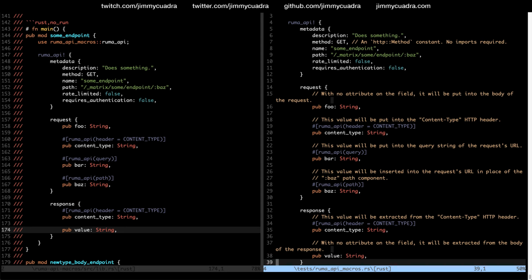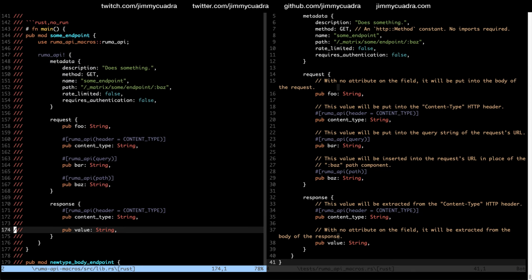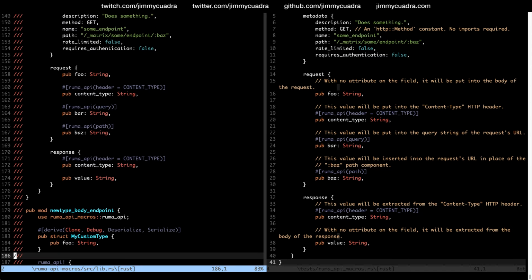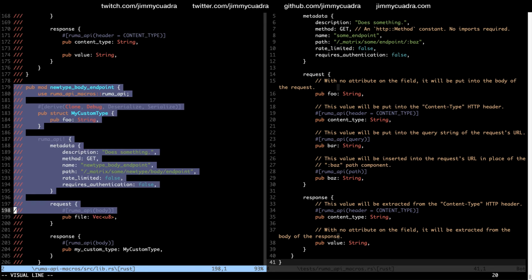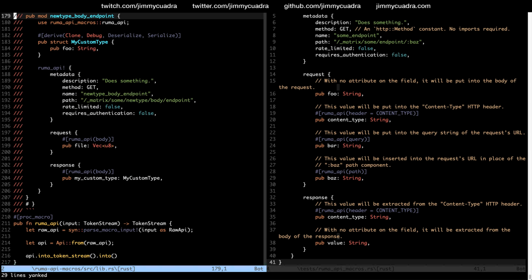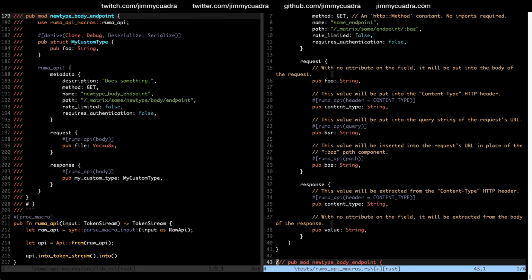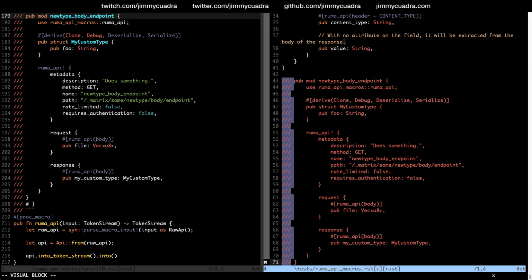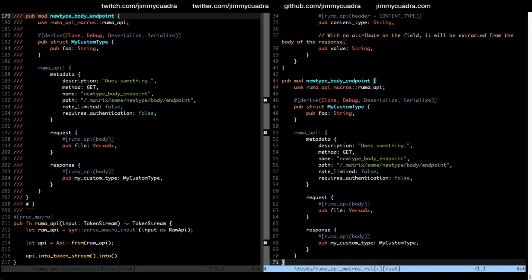Yep. That looks right. And then we've got a new type body endpoint. So what I'm going to do is just copy this into the test so that we know it's running. It's kind of a hacky way to do this.